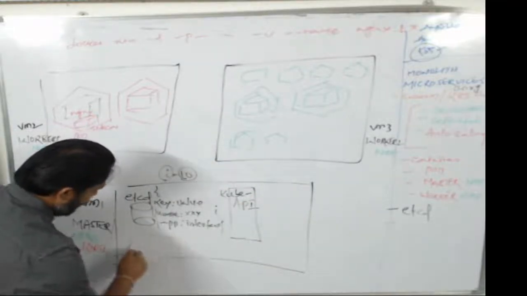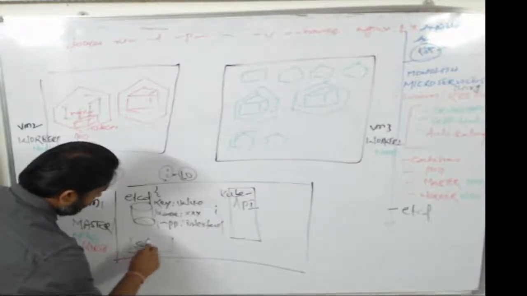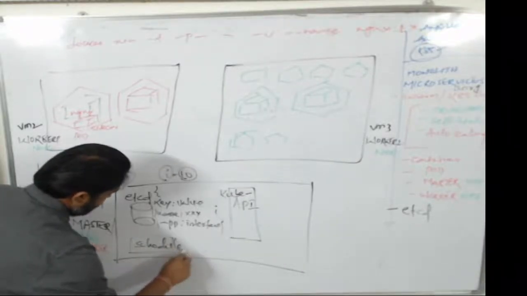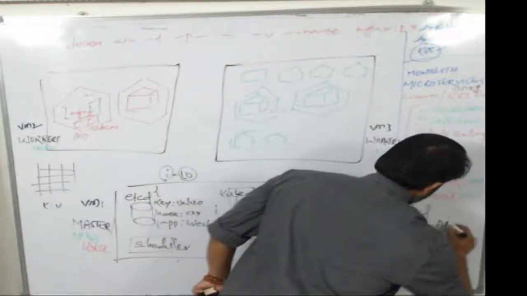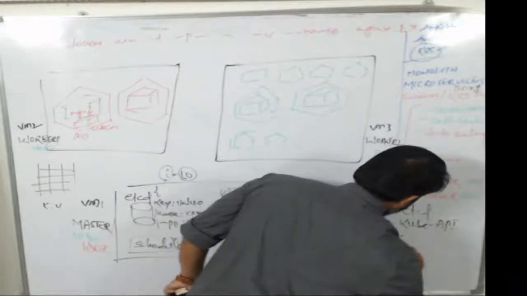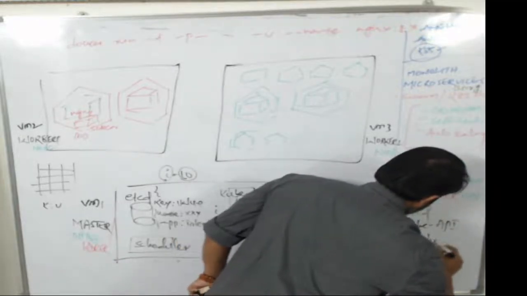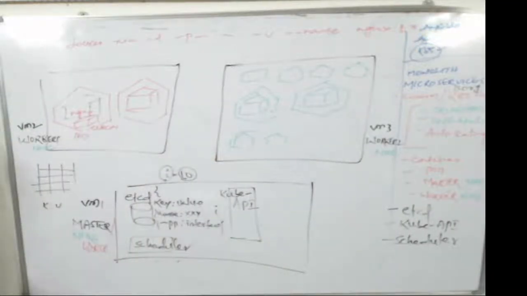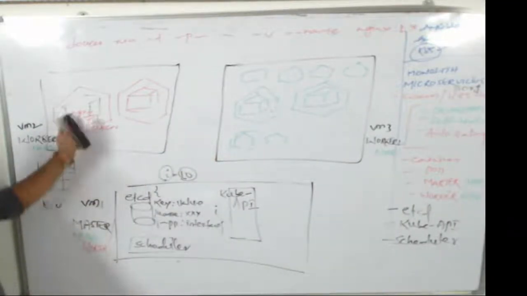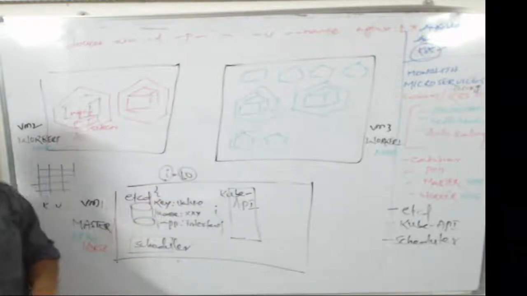The next one is what we call scheduler. The Kube API is the gatekeeper, then scheduler. A scheduler, as the name itself says, schedules the pods.